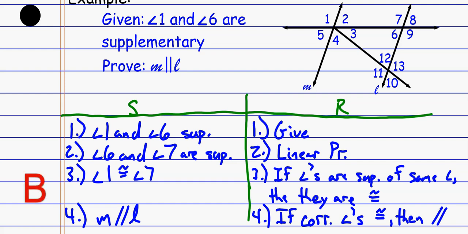Okay. We're doing the same thing, but in reverse. In the previous lessons, we were looking at, okay, these lines are parallel. What does that tell me about the angles? What can I prove about the angles? Now I know stuff about the angles. I know stuff about the properties of what's going on. I want to work backwards to prove that the lines are parallel. Okay?